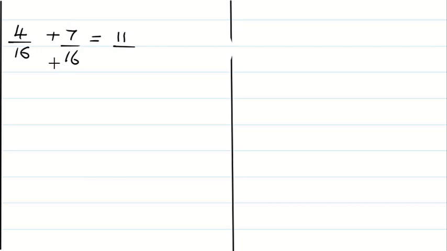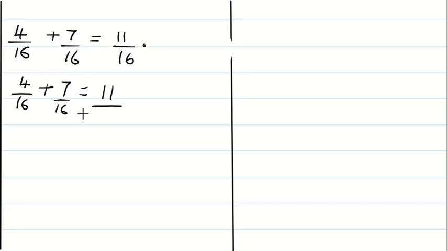Then you see the denominators are the same, so we don't add them, we put them as they are. But if you did it like this, 4 out of 16 plus 7 out of 16 is 11 out of 32, because 16 plus 16 is 32, this would be wrong, but this is right.